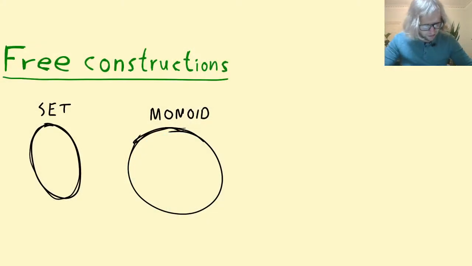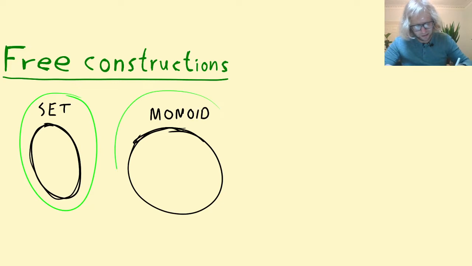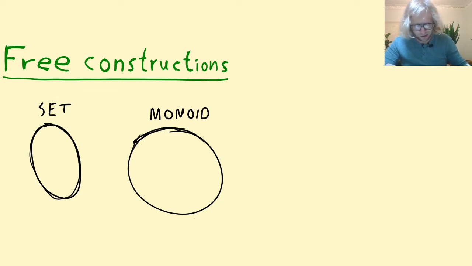Hello, hello, hello. Let's think a little bit more about adjunctions, and in particular, a particular kind of adjunction we call a free-forgetful adjunction. So this is a typical situation where we have some category without much structure, such as the category of sets, and then some other category where we have more structure, such as the category of monoids.